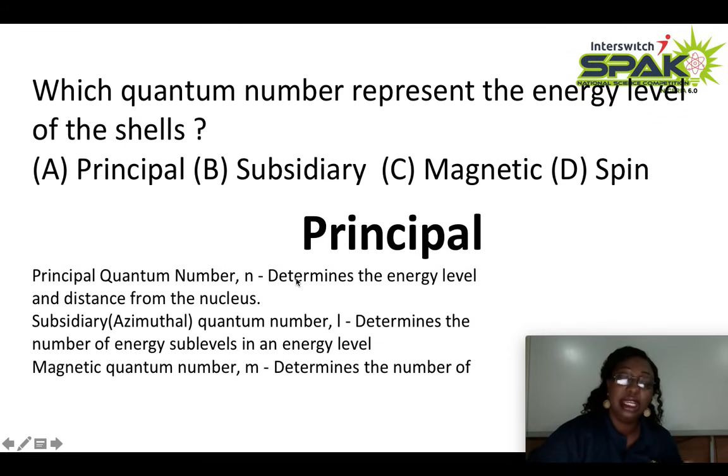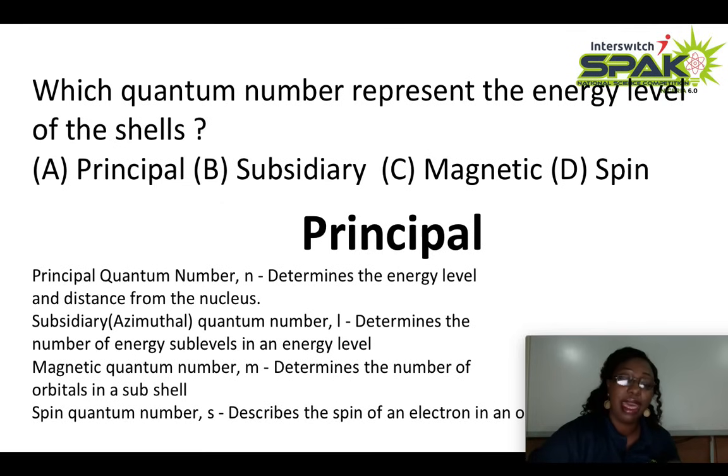The subsidiary, or azimuthal quantum number, which is denoted by L, determines the number of energy sublevels in an energy level. The principal quantum number is denoted by N. While the magnetic quantum number, which is denoted by M, determines the number of orbitals in a subshell.